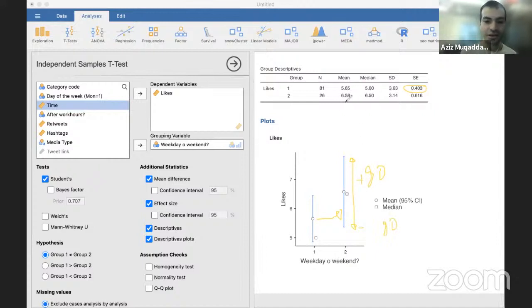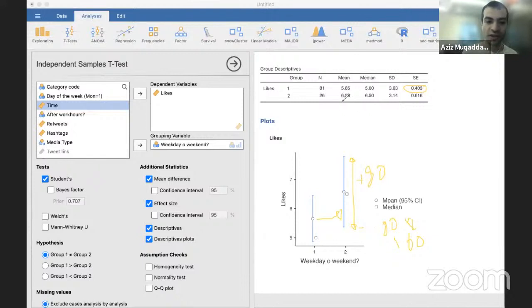Okay, so could someone calculate, and this is times 2, by the way, so it's 2 standard errors, right? So it would be like 1.6. I calculated that for you. So 1.6, right?